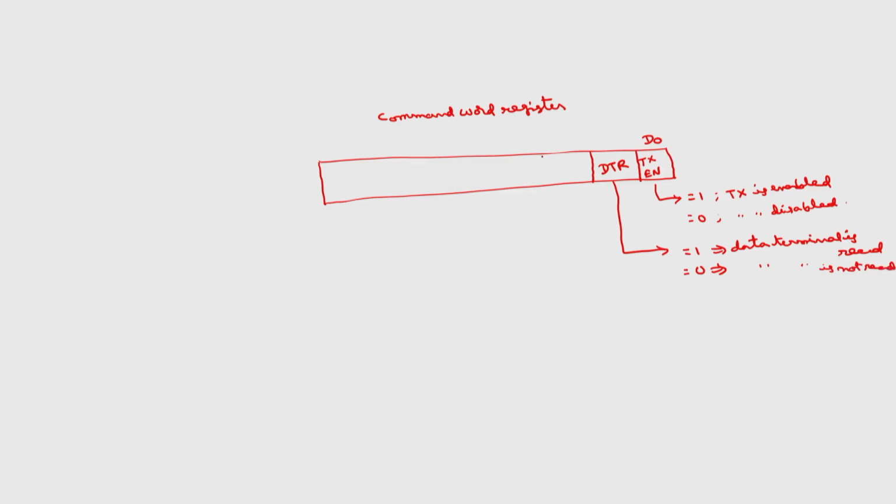Then we have receiver enable. This is transmitter enable, this is receiver enable. This equal to 1 means the receiver is enabled, 0 means the receiver is disabled. This is SBRK, send break characters.